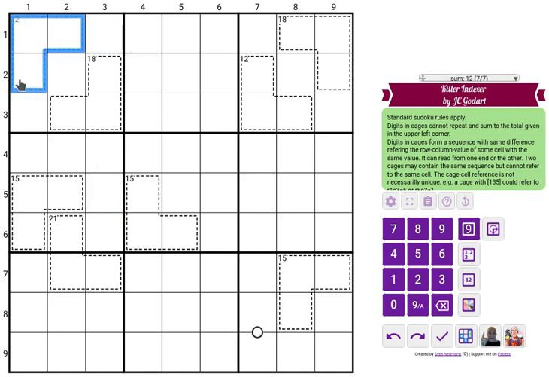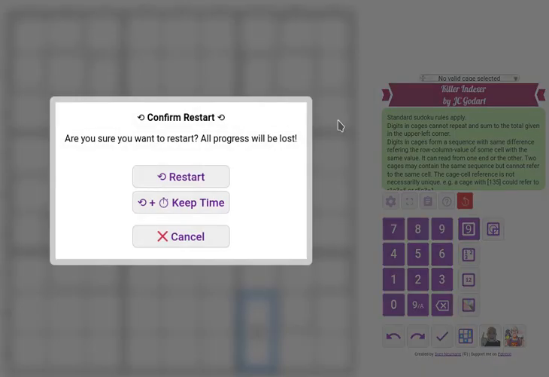So the reading order is not fixed, but the cell itself must be the single reference for the cage. And then, to avoid a deadly pattern, there's a white dot here, so these two cells are consecutive values. And that's for the rules.